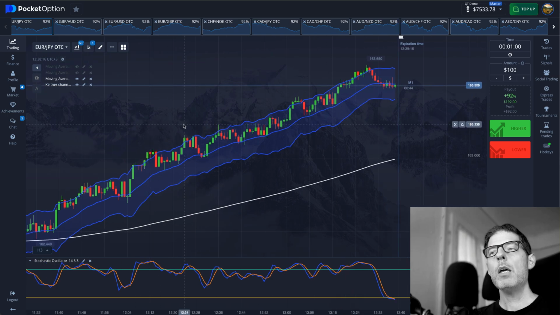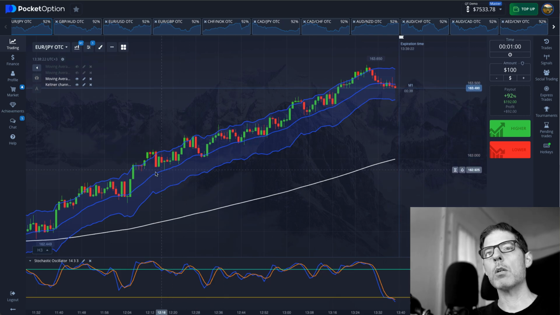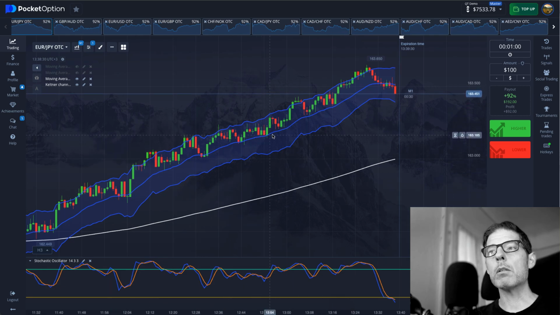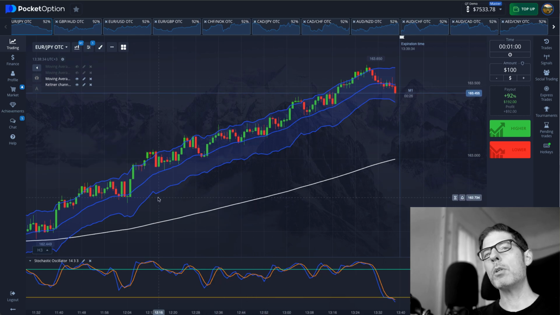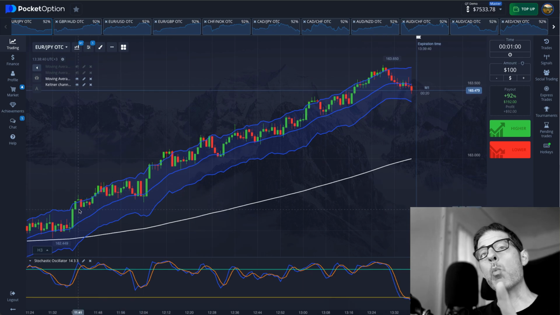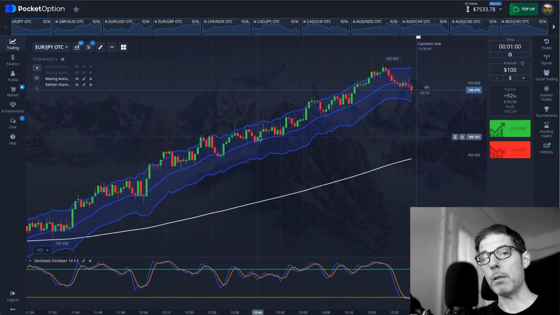Now, guys, the way this works, what you should be looking for, you can see the Keltner channel on the chart, which looks like this squiggly little tube here going over the candles. We have a line on the top, a middle line here, and then we also have an outer edge of the Keltner. If you look closely, you will see that the price and the candles are on only one side of this Keltner channel.